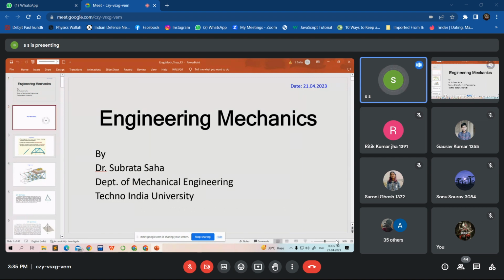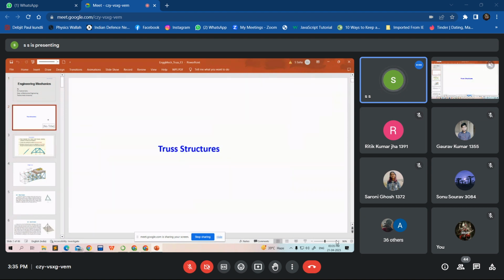So today we are going to start a new topic, that is trusses. So far, what we have studied was the theory behind equilibrium of force systems. You have studied the equations to be satisfied for a rigid body in a planar, coplanar system.